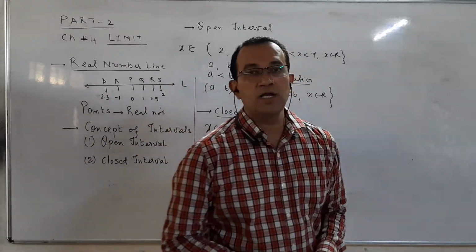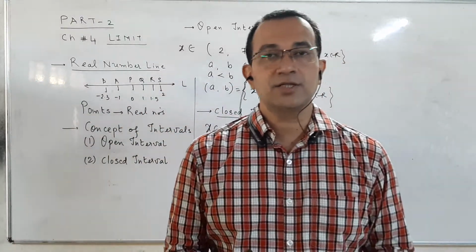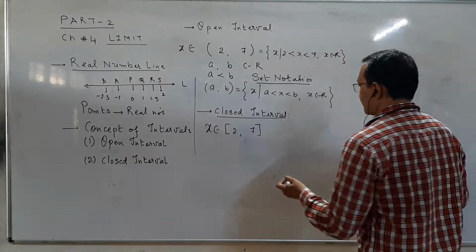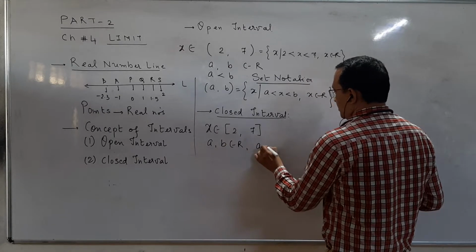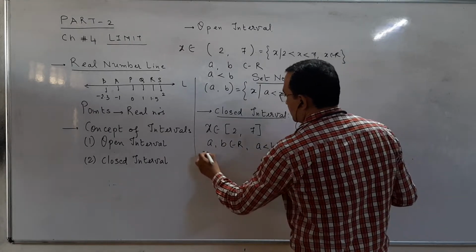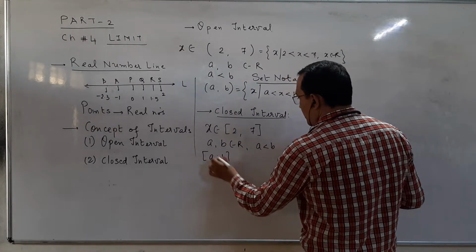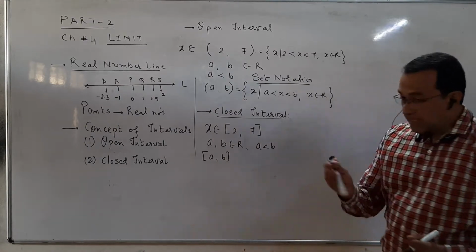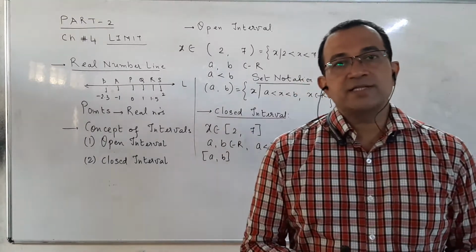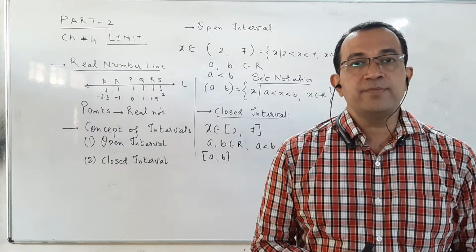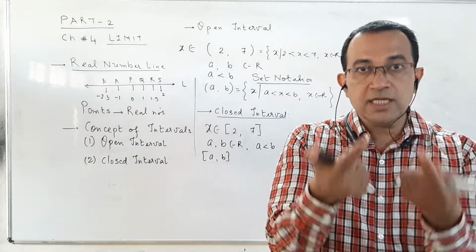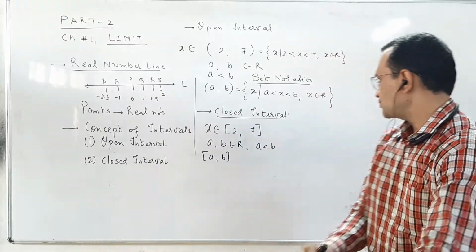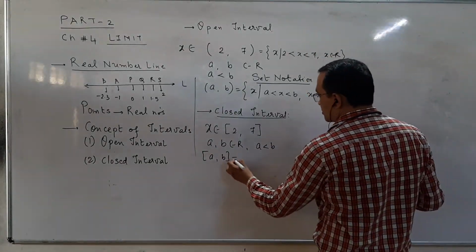In closed interval, endpoints are included. So if I define, then I write A, B belongs to R, A less than B. Then closed interval AB means, if I say x belongs to closed interval AB, x can be any real number between A and B, including A and B. So what is the set notation?